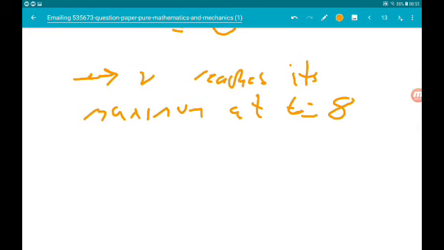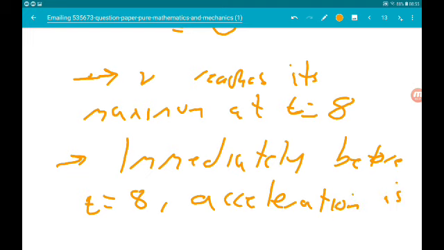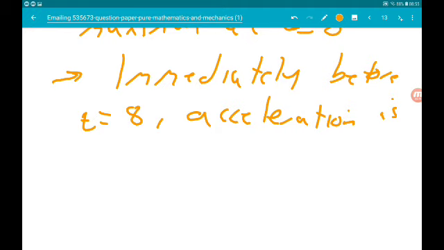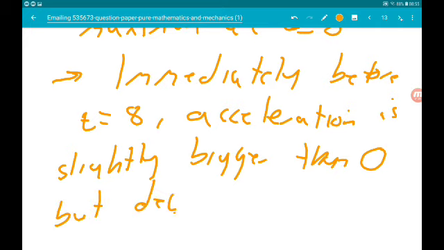So that means then immediately before t is equal to 8, the acceleration is slightly bigger than 0, but decreasing as t tends to 8.